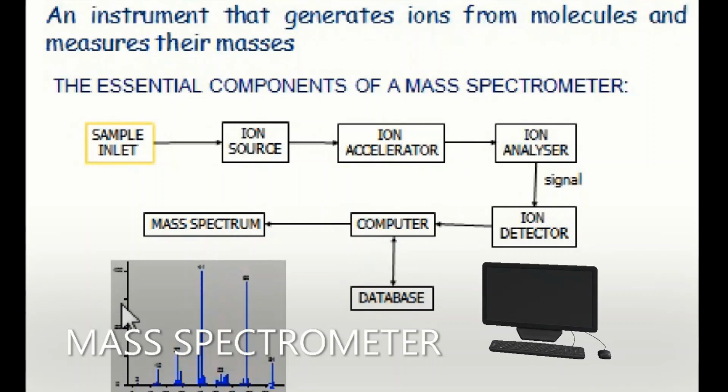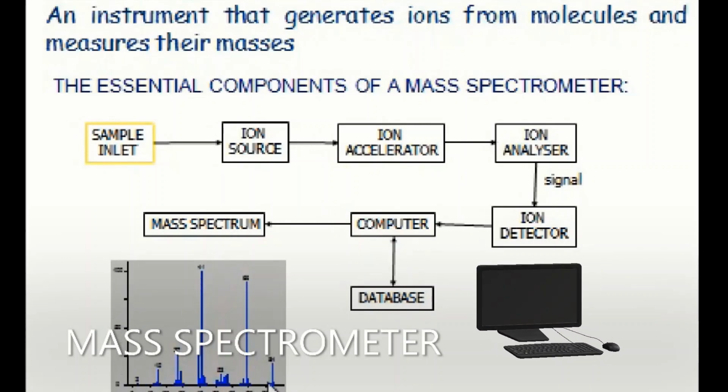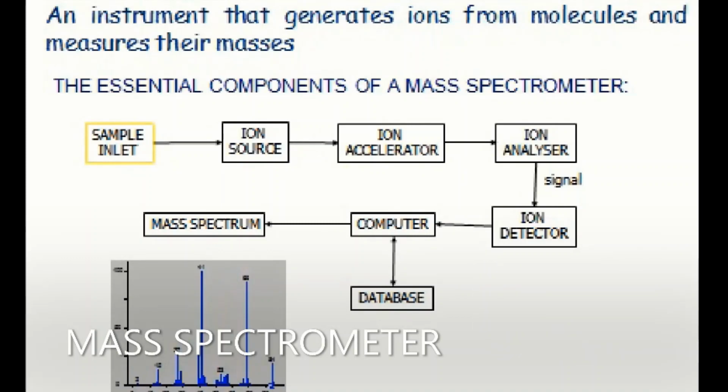It's a two-dimensional graph. The x-axis shows the mass to charge ratio of the molecules or the fragments of the sample, and the y-axis shows the relative abundance, that is, the intensity of that specific mass to charge ratio. As I told you, in the ionization chamber your sample gets ionized, that is, it has a charge once it has passed through this chamber.